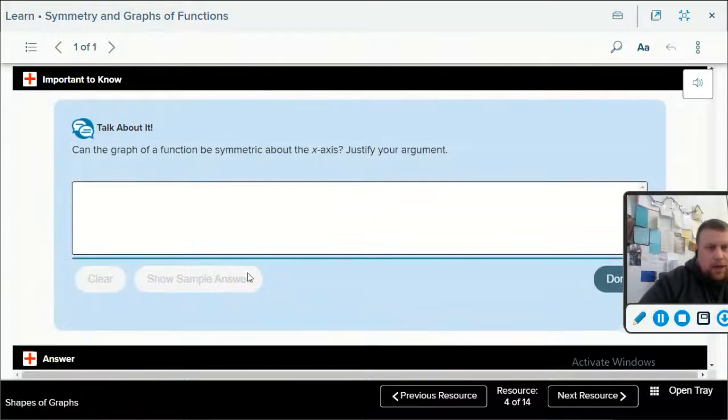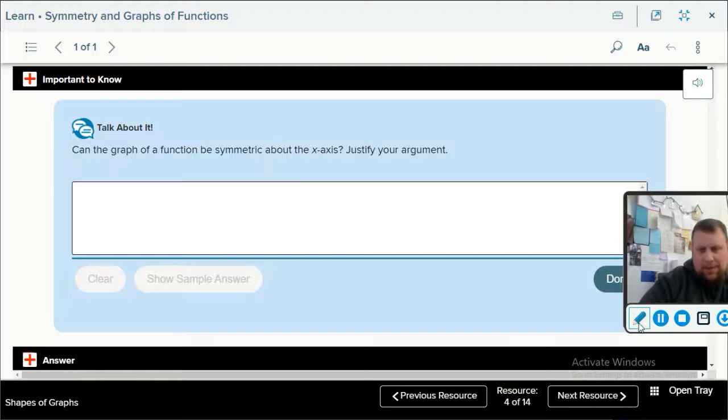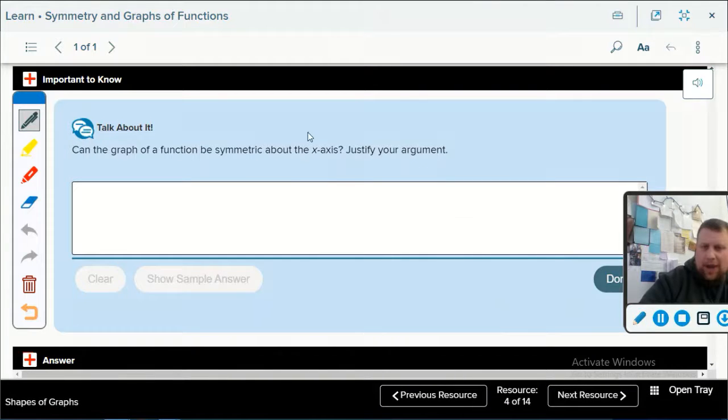So, can the graph of a function be symmetric about the x-axis? Well, let me talk about that. We had symmetry in the y-axis right there, or just a little bit to the left of the y-axis, or we could have it to the right. But what if I have this? I bet you're thinking, oh yeah, this has symmetry right down here. Here's the problem. Are you ready for the big problem?